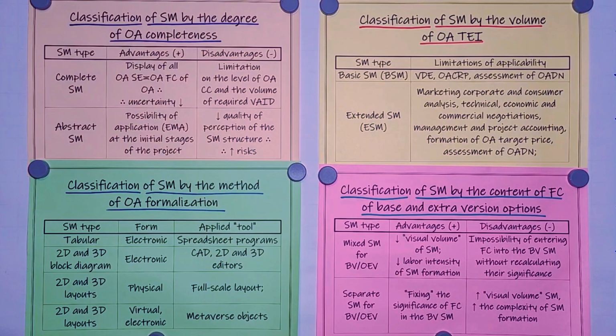In the second case, we're talking about the structural model describing the basic configuration of the object of analysis, i.e. containing the carriers of function included in the basic configuration and allowing the formation of a functional model of this basic configuration.